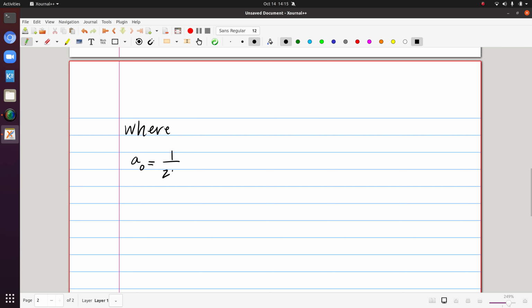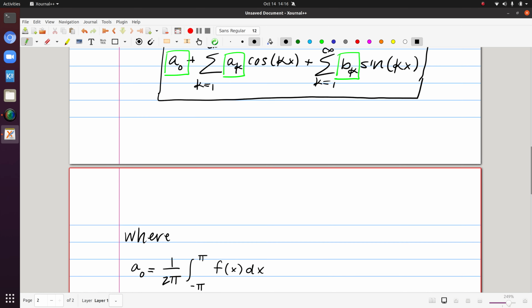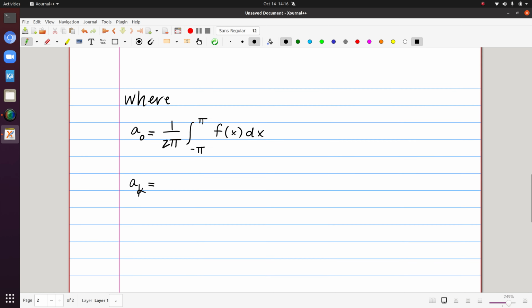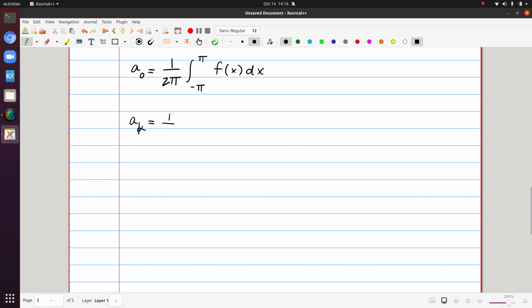So as it turns out, the constant term a sub 0 is 1 over 2 pi, the integral of f of x. Notice that's the average value of the function f over the interval from minus pi to pi. The a sub k, which played the role of the coefficient of the cosine function, is 1 over pi, the integral from minus pi to pi of f of x times cosine kx.